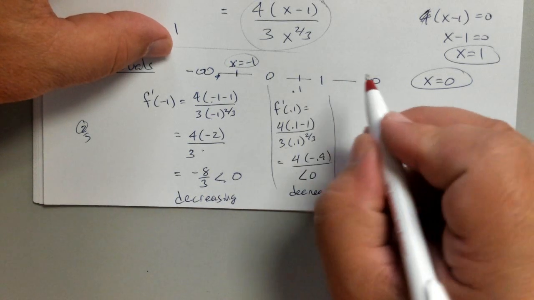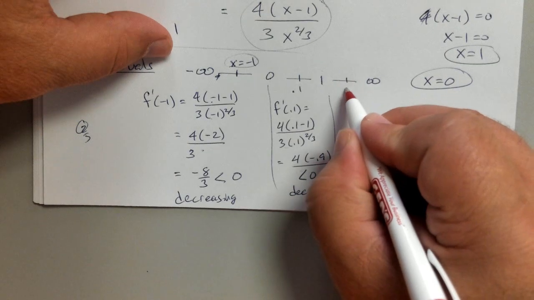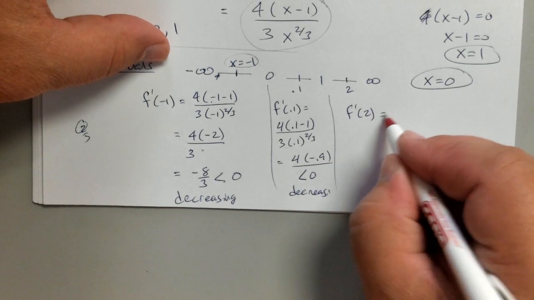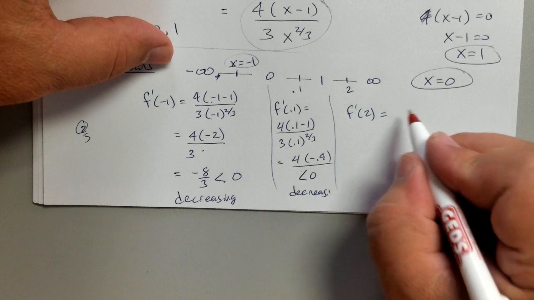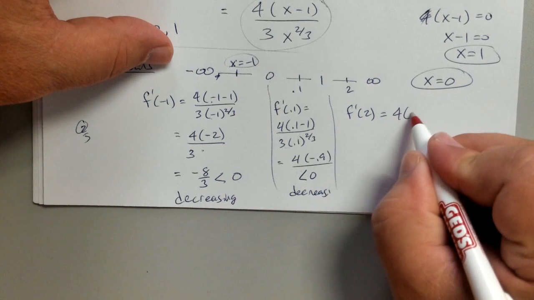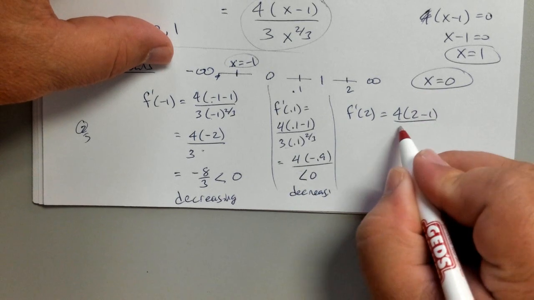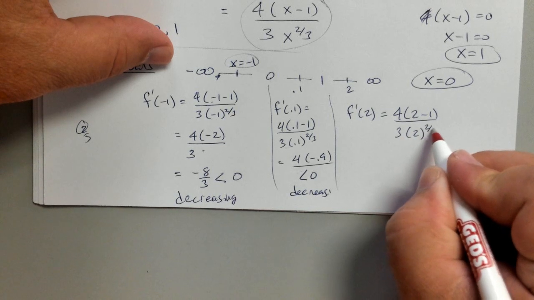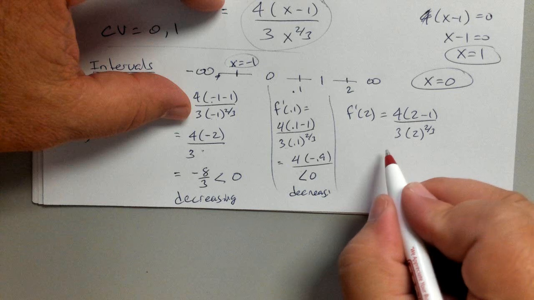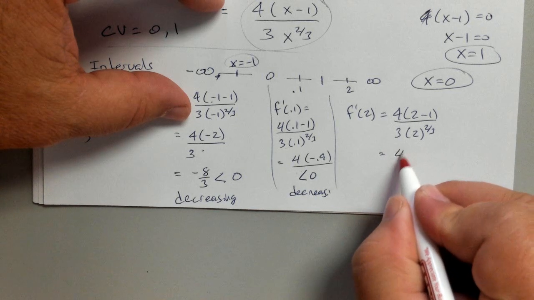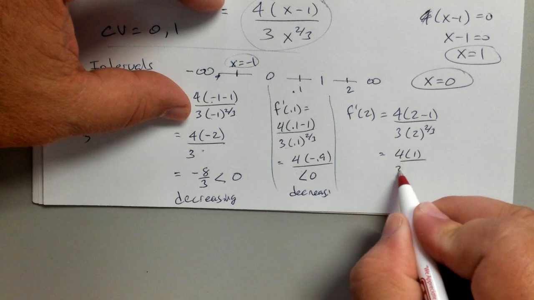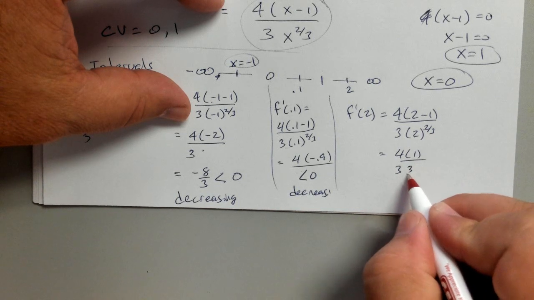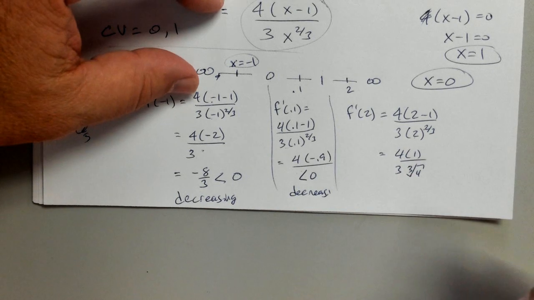What happens between 1 and infinity? Let's look at 2. First derivative of 2. You can pick any numbers you want. 2 minus 1 over 3, 2 to the power 2/3. 4 times 1. 2 squared is 4, cube root of 4.